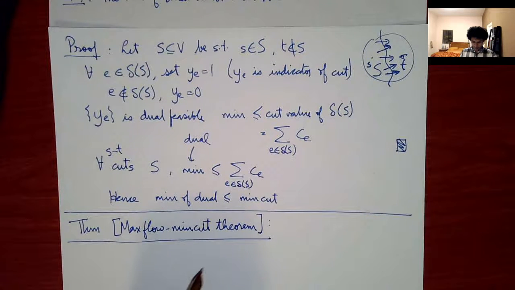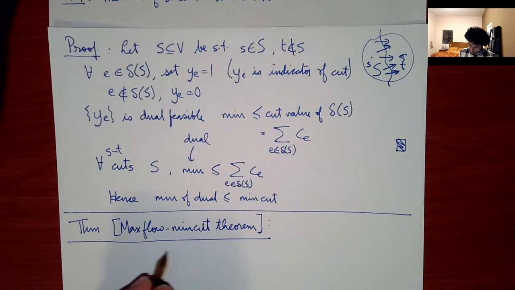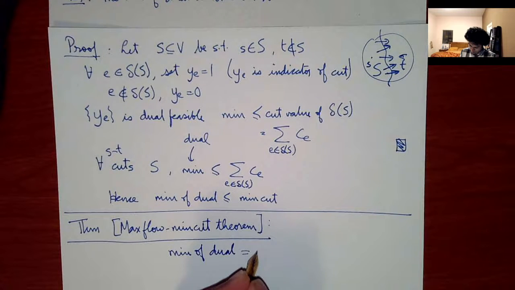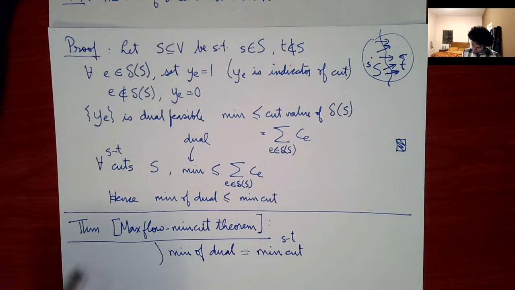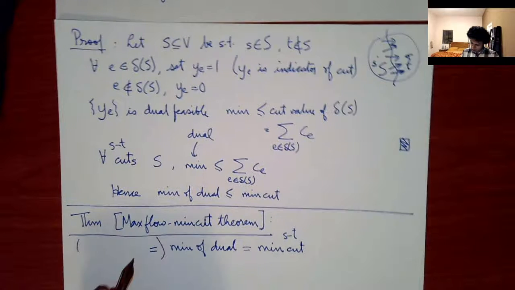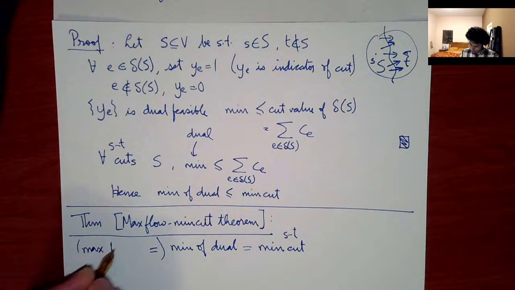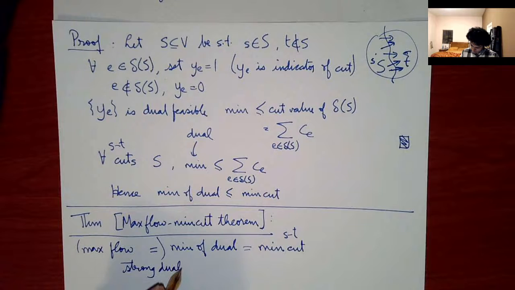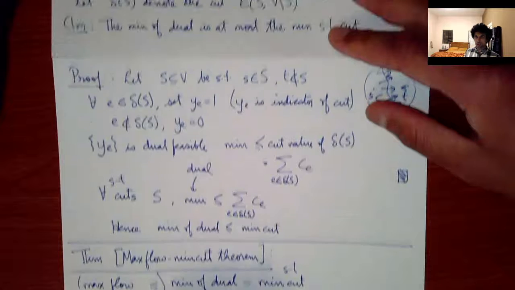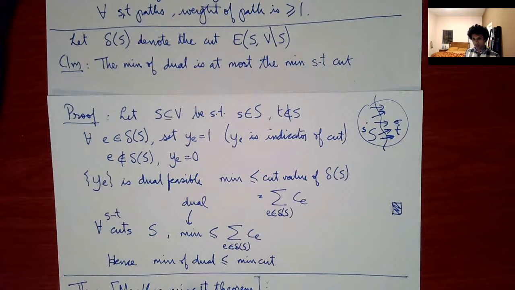The way that I'm going to phrase it here is that the min of the dual is equal to the min S-T cut. And of course, by duality, we know this min of the dual is actually the max flow. And this is strong duality. Strong duality proves that the max flow is the min of the dual, but we need to prove that the min of the dual is actually the min S-T cut. What we've only shown is that it is at most the min S-T cut.